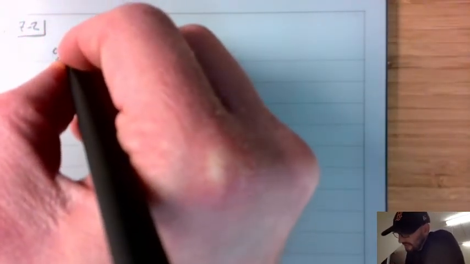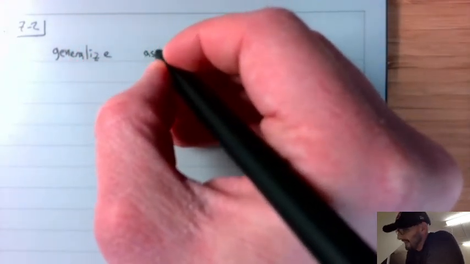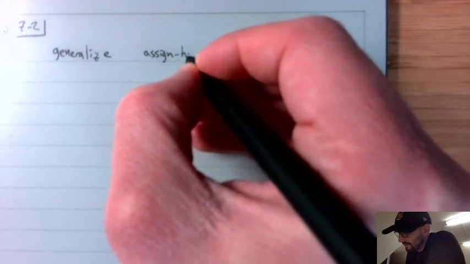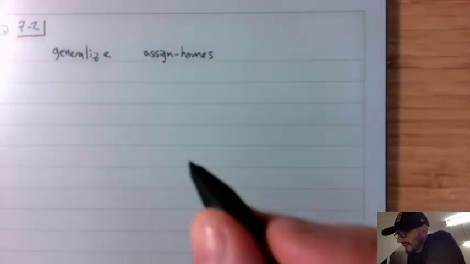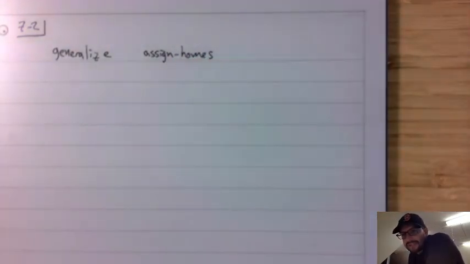So we'll call this v2. And what we're going to do is generalize assign homes. Remember what assign homes did is it walked through and replaced something.